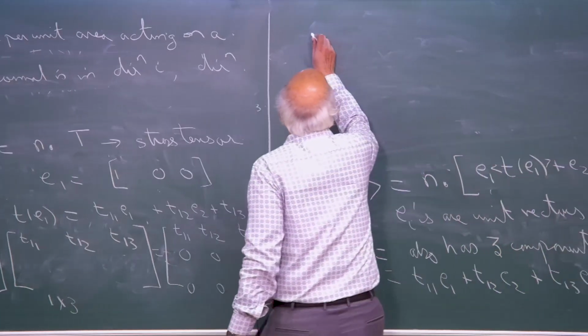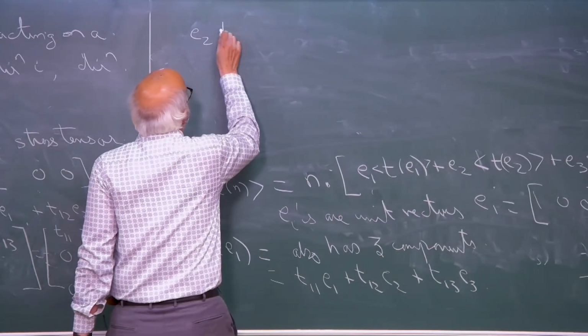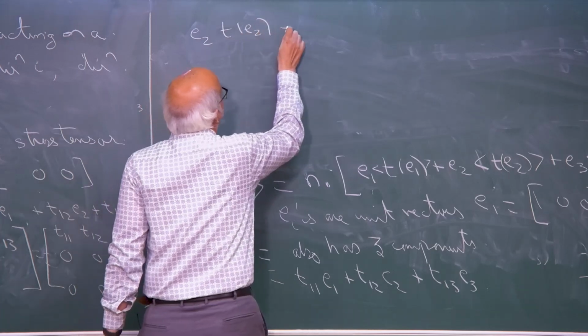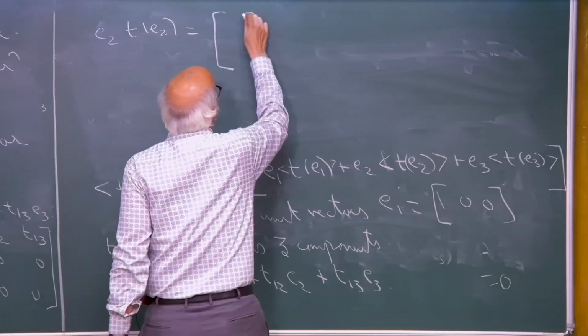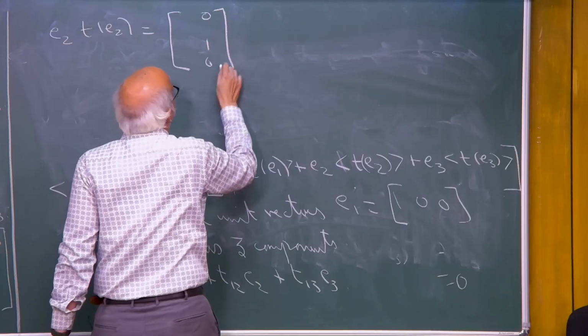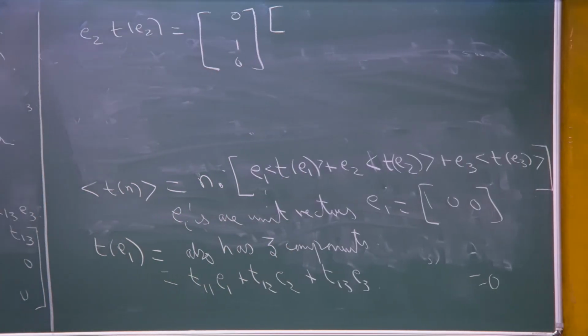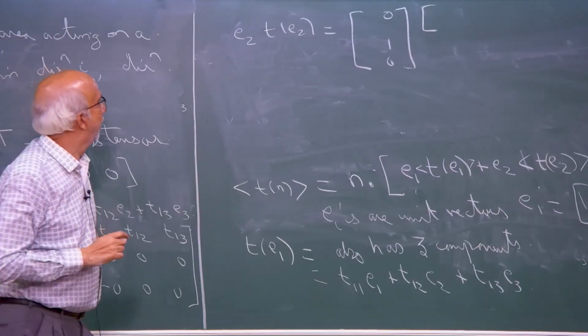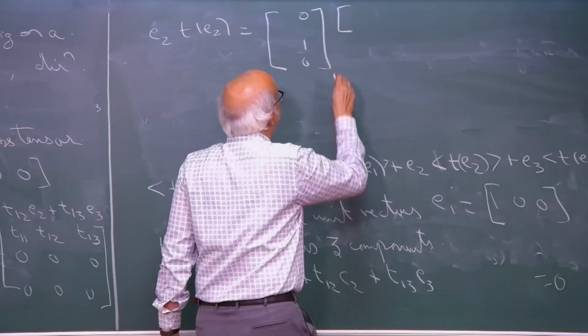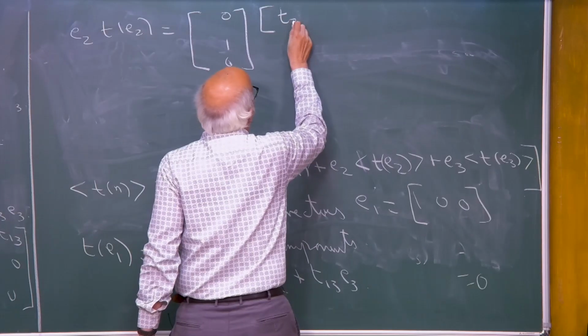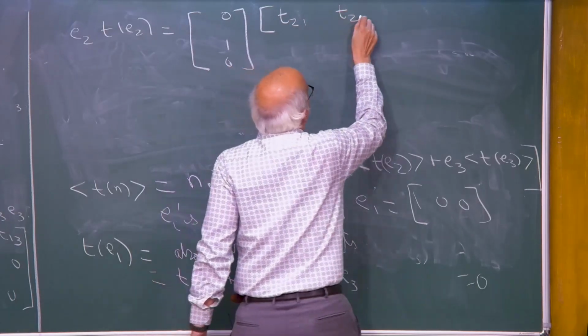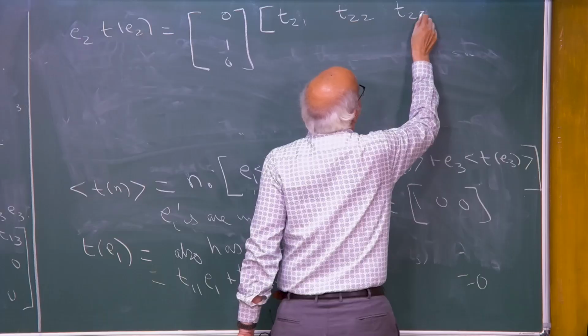Similarly, E2 T of E2, what will that be? That will be 0 1 0, and that is E2. And what is T of E2? The elements will be T21, T22, T23.